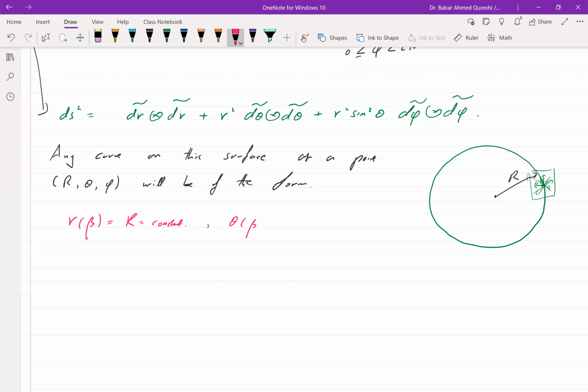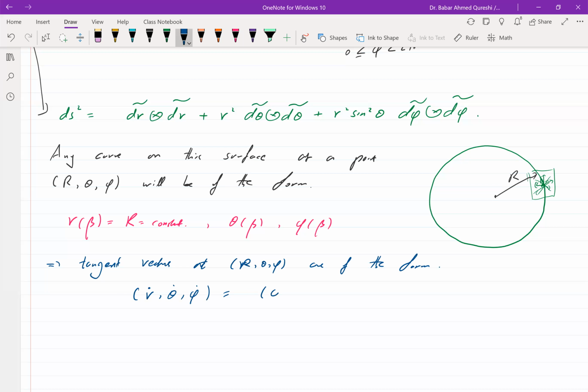And then you have theta and phi. They can take any form you like. As long as you keep r constant, you are within the surface. So this would mean that tangent vectors at this r, theta, phi are of this form. Zero, because tangent vectors are r dot, theta dot, phi dot.